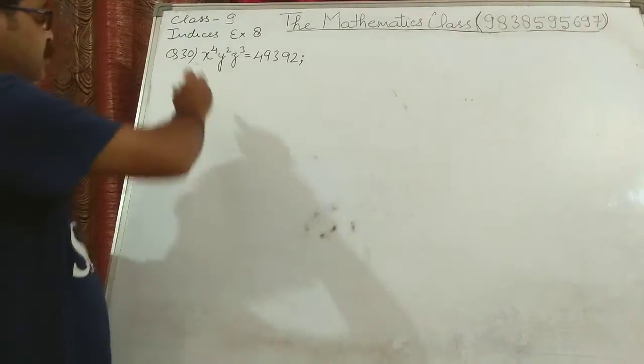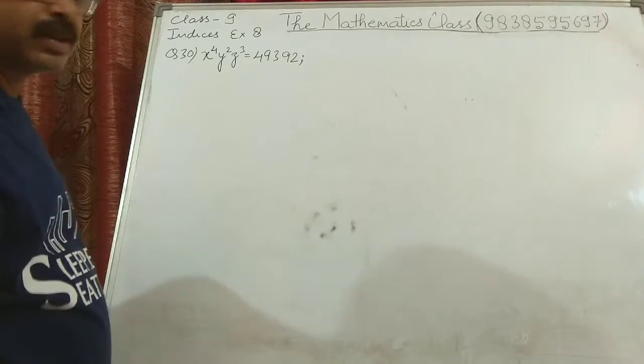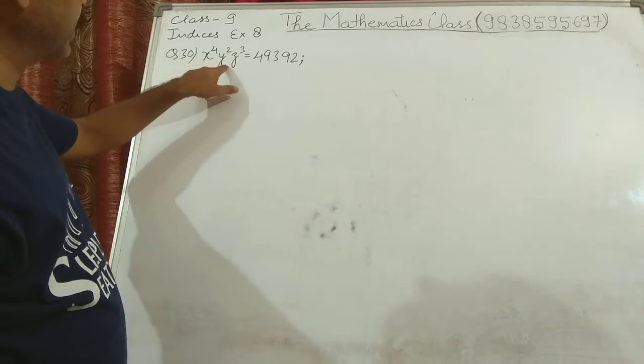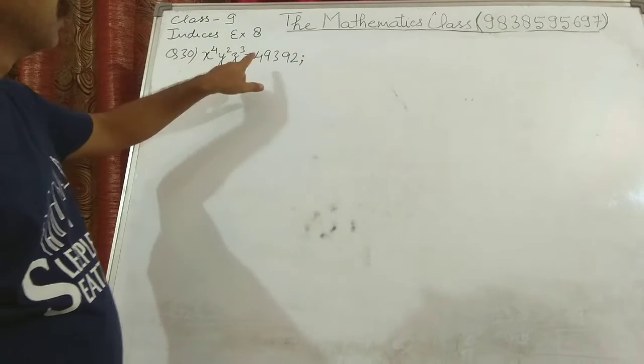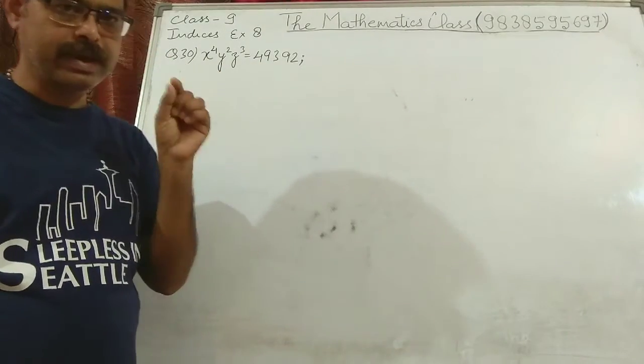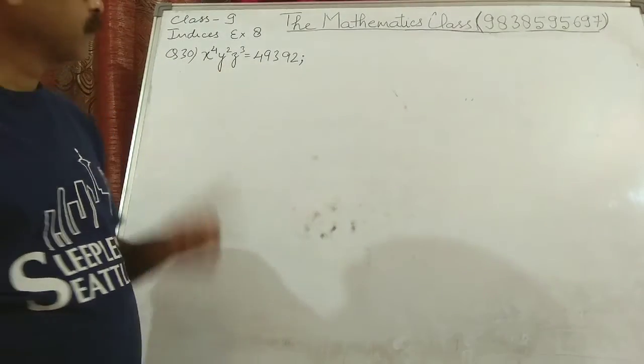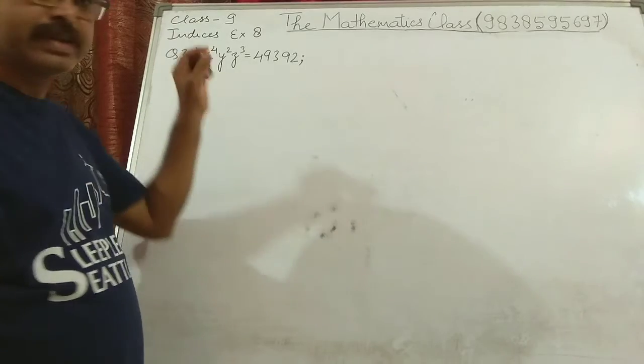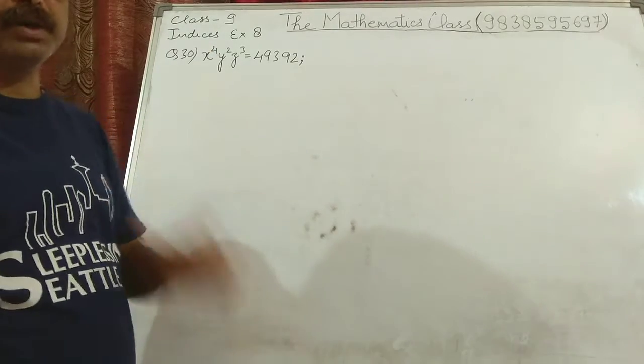Now in this, what do they say? There is an expression given: x to the power 4 y square into z cube is equal to 49,392. You have to find the value of x, y and z, where x, y and z are prime numbers.